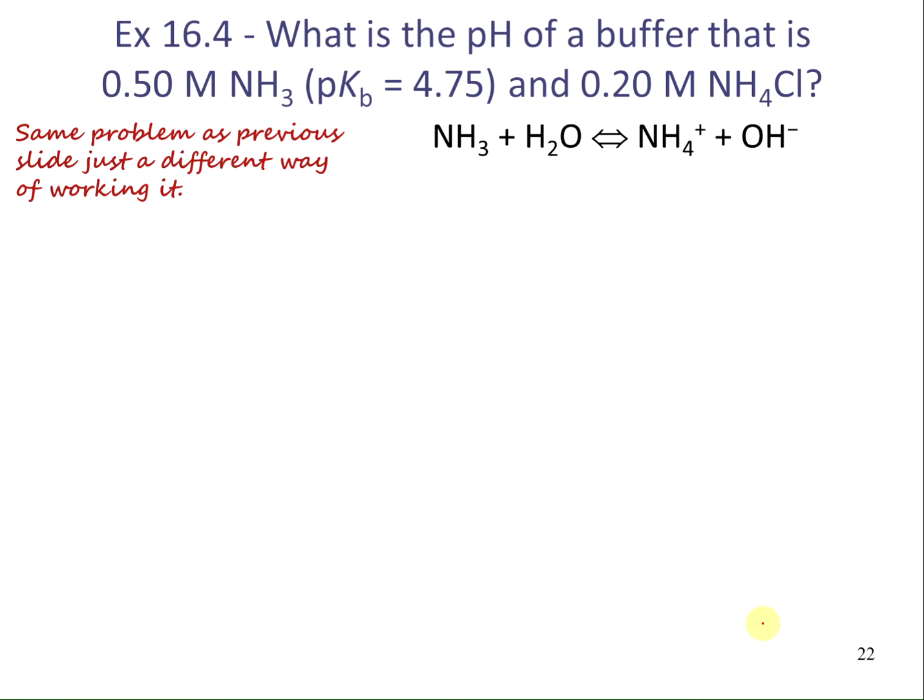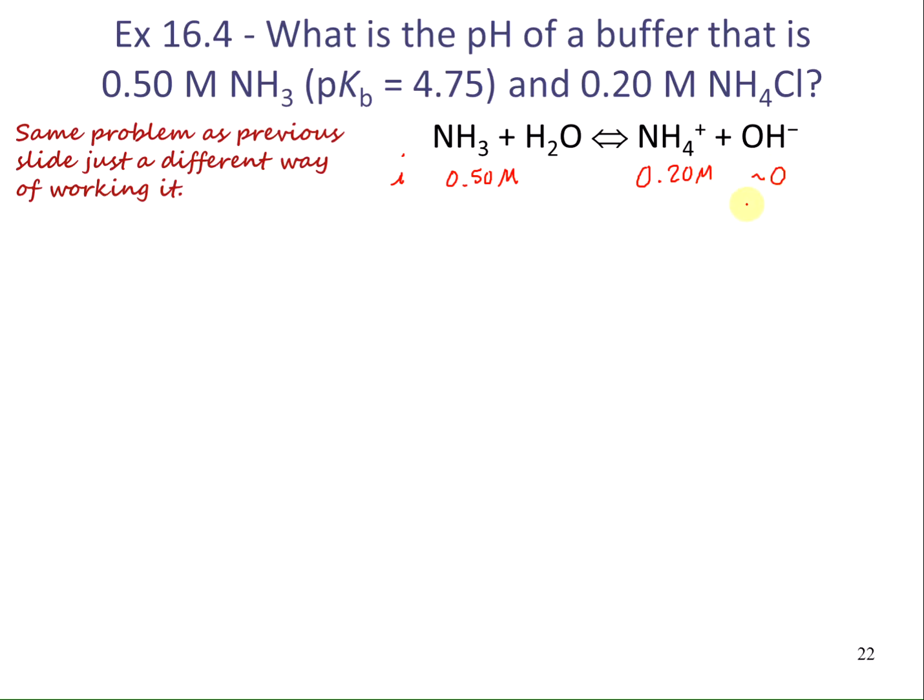Okay, same problem again, a third way. Because sometimes people don't know when to use the Henderson-Hasselbalch equation, I'm showing you that you can solve this problem without setting it up. Again, I start with my chemical reaction, NH3 combining with water to make ammonium and hydroxide. My initial concentrations are 0.50 molar ammonia, 0.20 molar ammonium, and we assume the hydroxide concentration initially is 0.